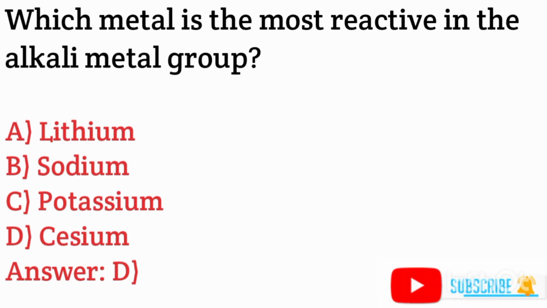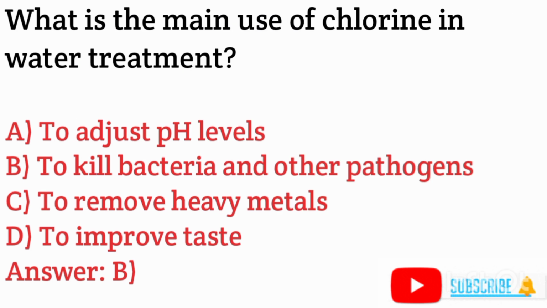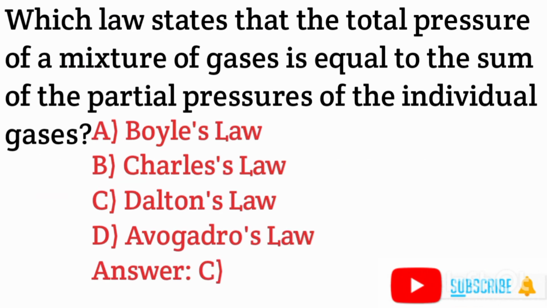Which metal is the most reactive in the alkali metal group? Option number D is correct. Cesium. What is the main use of chlorine in water treatment? To kill bacteria and other pathogens. Option number B is correct.